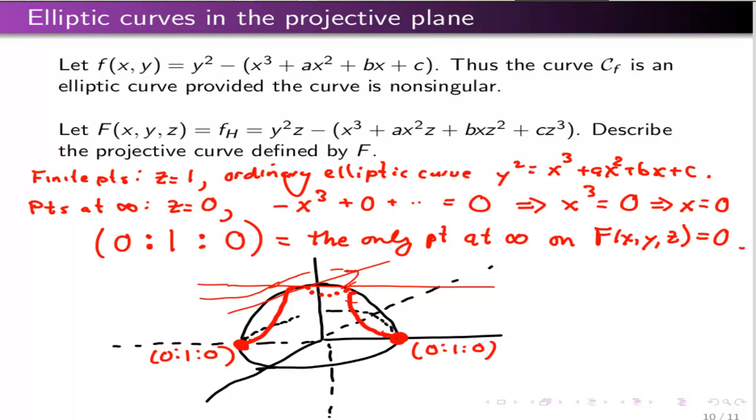So this elliptic curve, as you go off to infinity, you're just approaching this single point at infinity. And so once again, the elliptic curve just becomes a single component because these 2 points are identified right here.